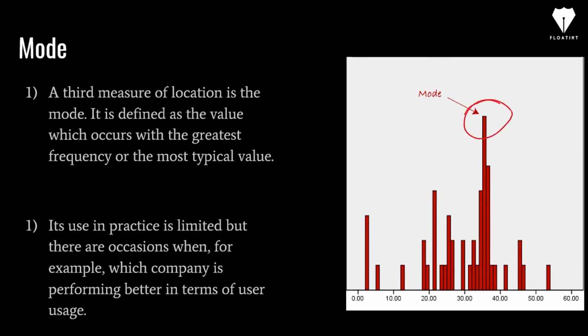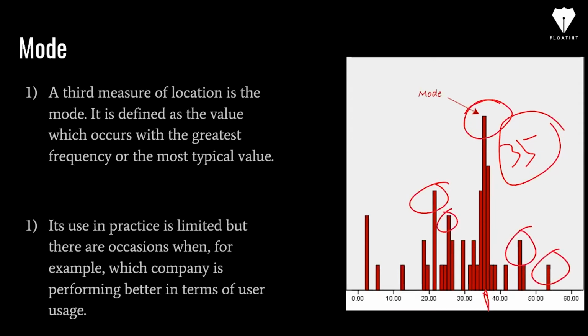Let's say it's 36 or 35. So 35 is the mode for this data because 35 is repeated the most number of times, right? All these numbers are less frequently repeated. So this is the highest one, and corresponding to this I have 35 here. So this is my mode. Okay.